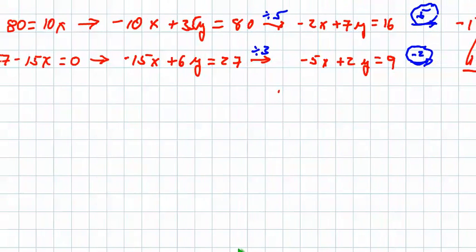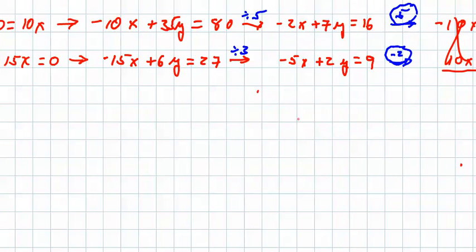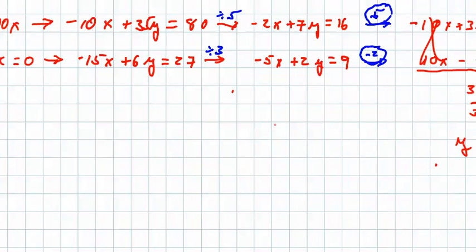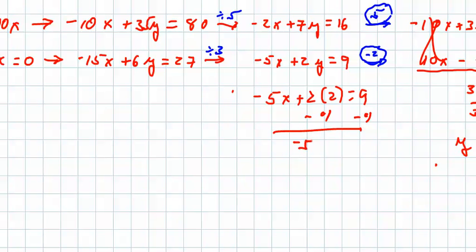Let's slide back over here. Well, I'll probably use this equation. We found out that y is 2, so we have negative 5x plus 2 times 2 equals 9, negative 5x, all right, minus 4, negative 5x equals 5.